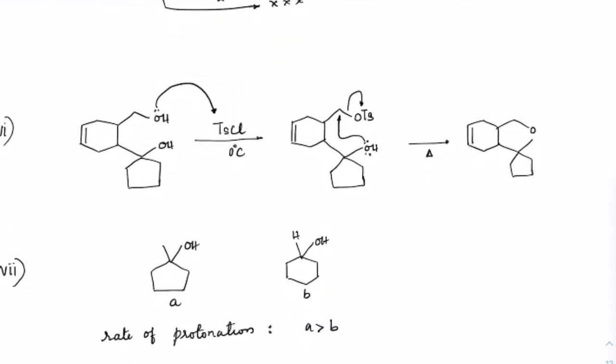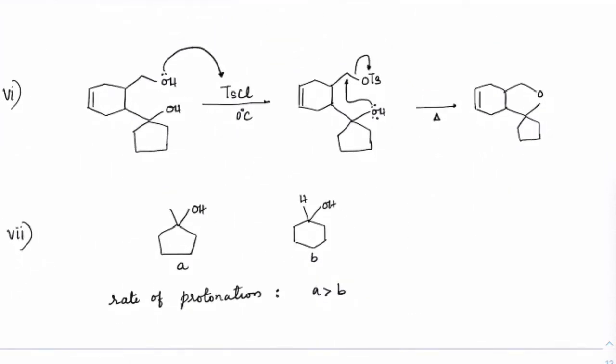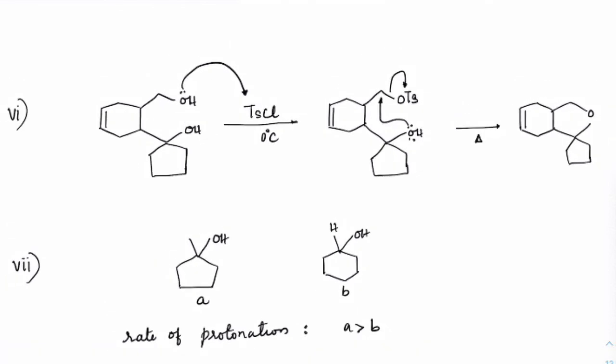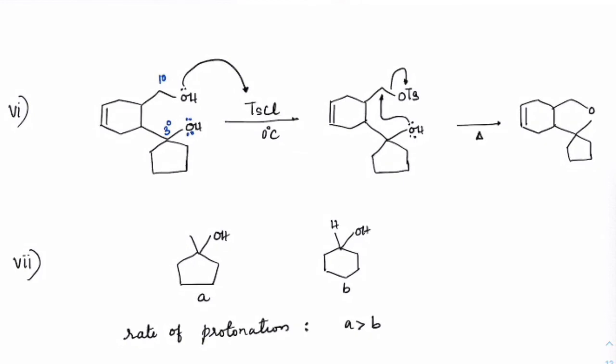Another case where you struggle in questions is this one. These two are very good questions. Check out here. This side it is at the primary position, this side it is at the tertiary position. When the lone pair is being treated as a nucleophile, because it is attacking tosyl chloride in a tosylation reaction, then always the less substituted oxygen will attack because SN2 will be more favored from this end.